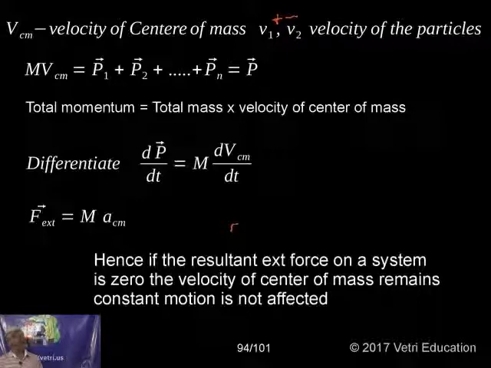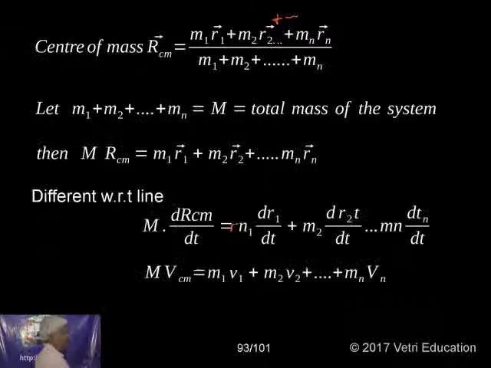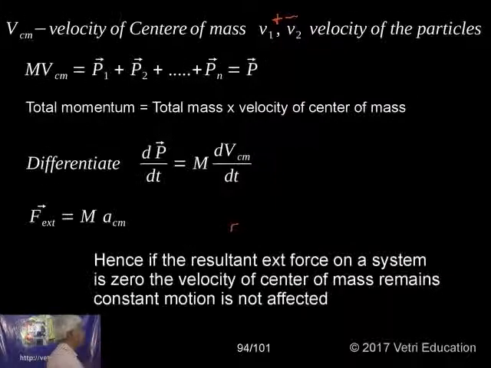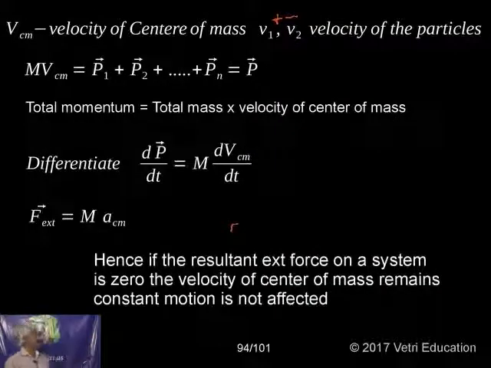Therefore, M into V_CM is equal to m1 v1 plus m2 v2 and so on. That is called momentum: P1, P2, P3, etc., up to Pn. Mass into velocity will give momentum. P1 is the first particle's momentum, P2 is the second particle's momentum, etc. The total momentum, M into V_CM, the resultant mass into velocity, will give the total momentum.